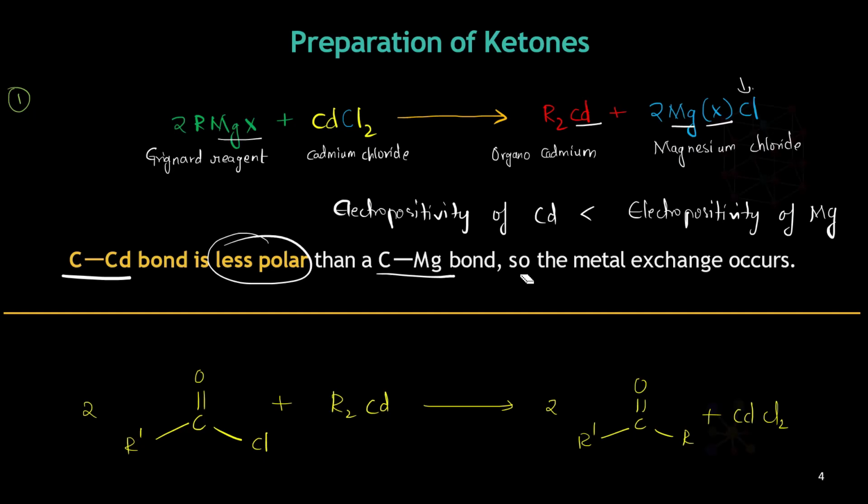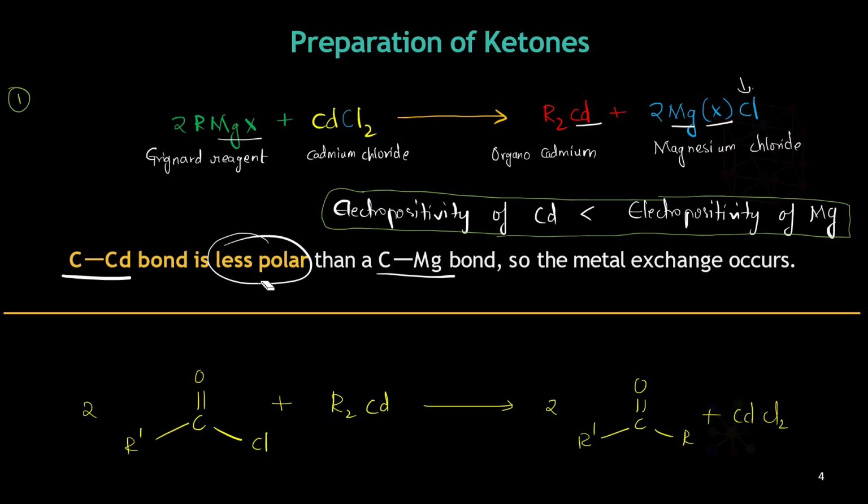See this point: the electropositivity of cadmium is less than the electropositivity of magnesium. So the carbon-cadmium bond that is formed is less polar than the carbon-magnesium bond.